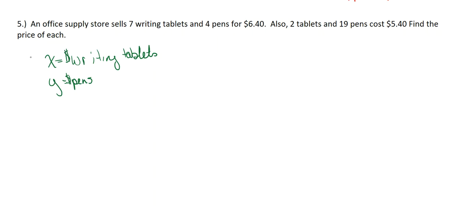And we've got to take the information and write some equations for it. So the first one says 7 writing tablets, 4 pens for $6.40. That right there is some information. We know that depending on what the price of the 7 tablets are and the price of the 4 pens, the total should equal $6.40.